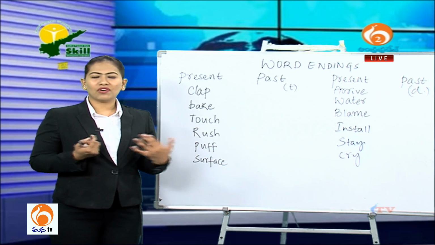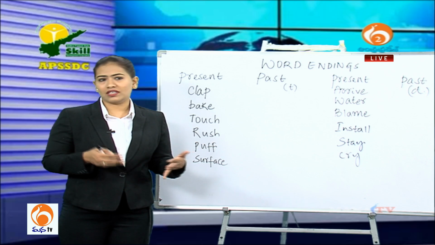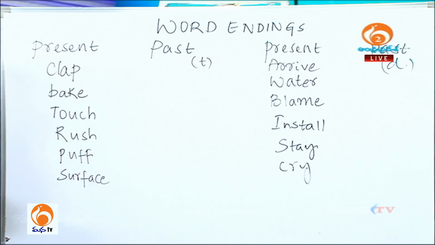There are a lot of words in the English language which take the ed form when they turn into the past tense, that is, an action which has been completed. The present tense words that I have brought in here today are these: clap, bake, touch, rush, puff and surface. These are the words for the present.